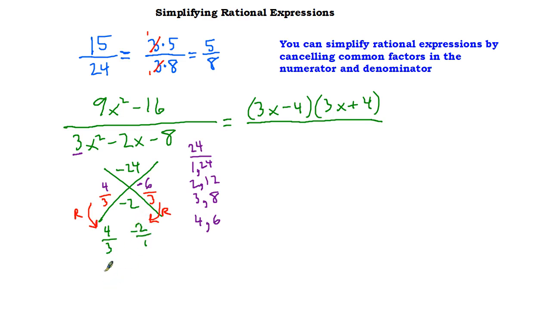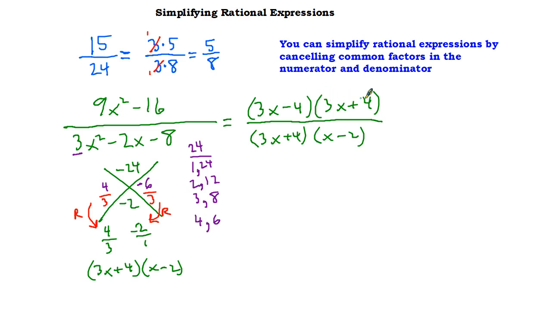And so then we can rewrite this as 3x plus 4 times x minus 2. These guys, if we multiply them together, we get this. So I'm just going to rewrite them here as 3x plus 4 and x minus 2.